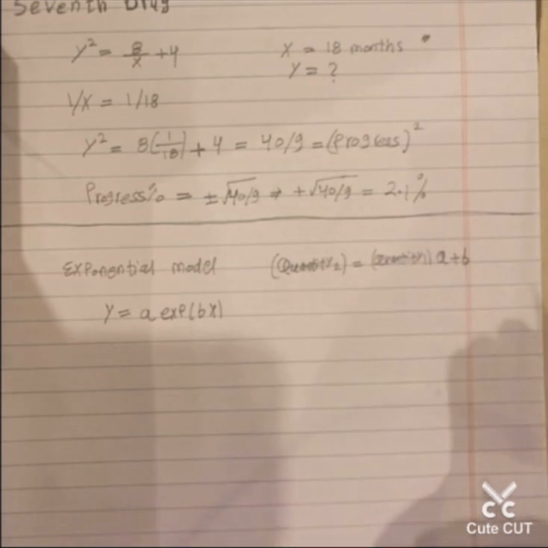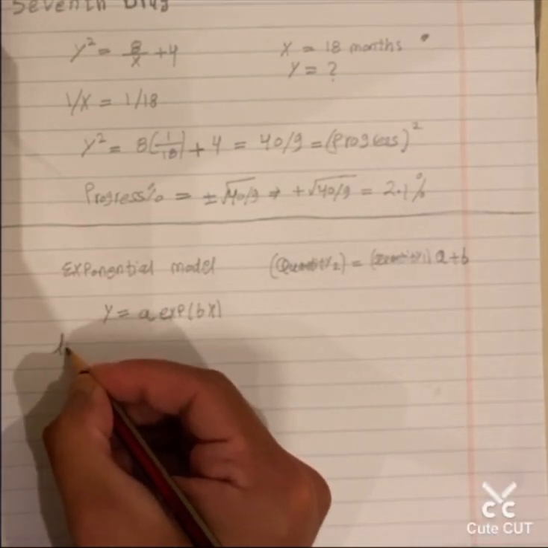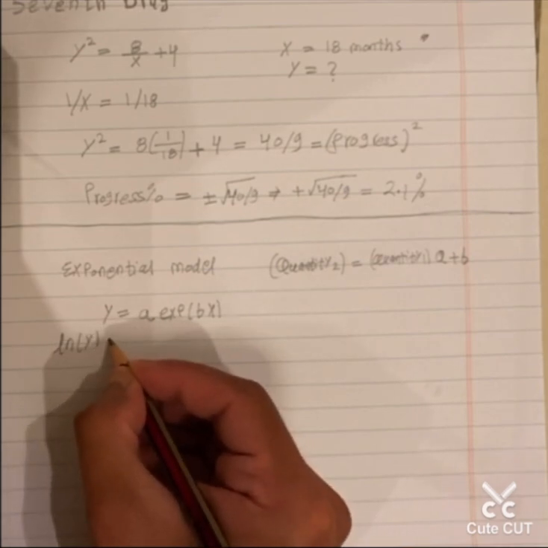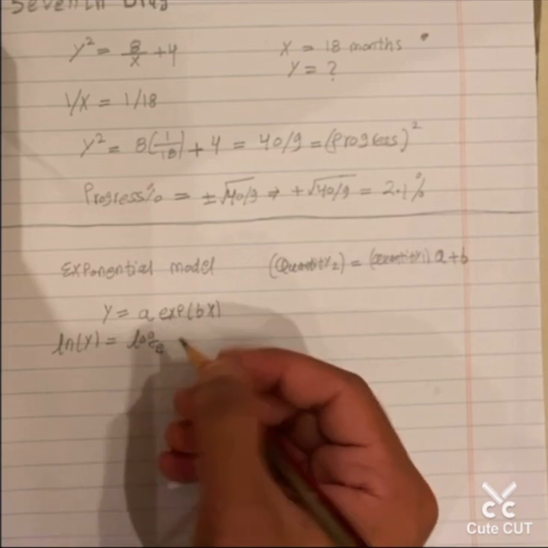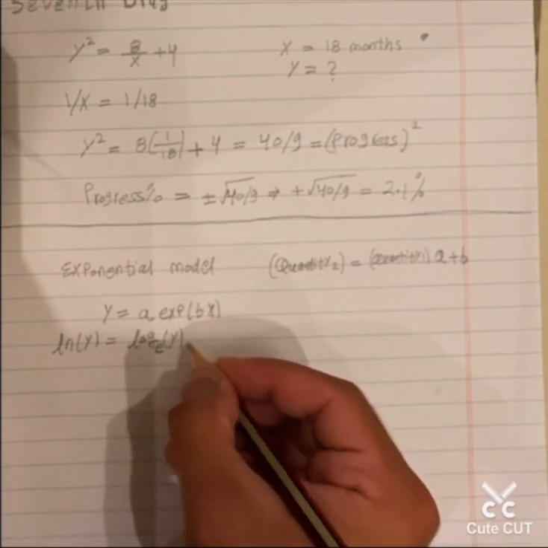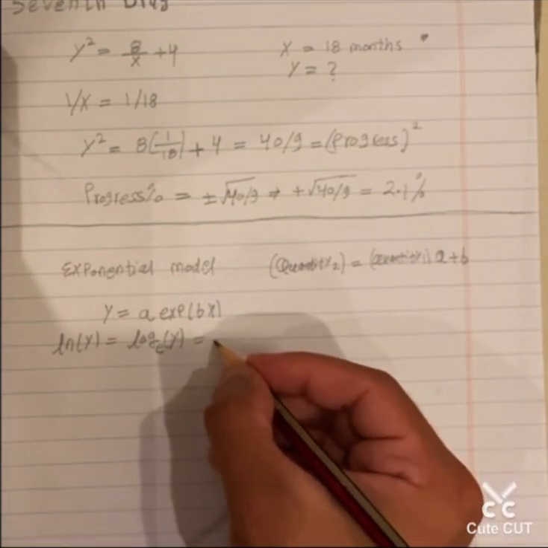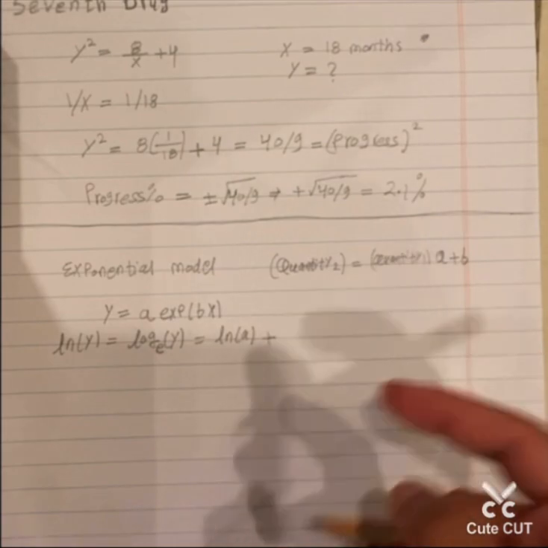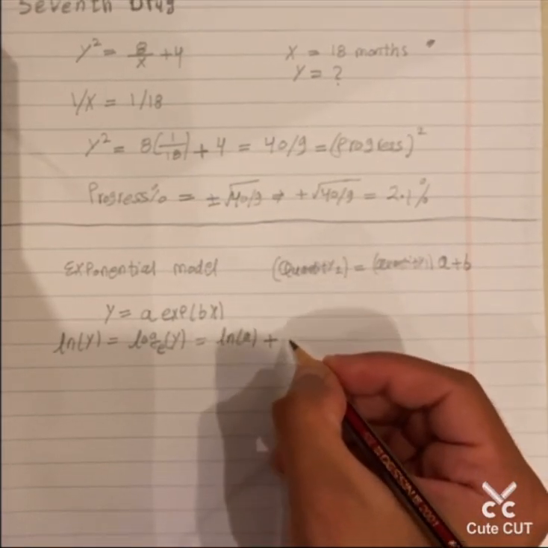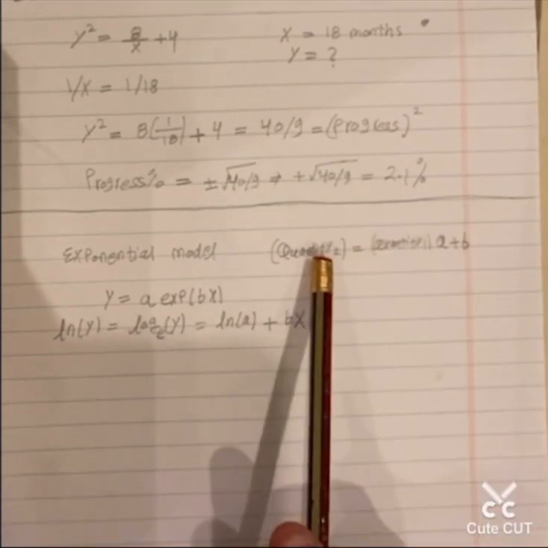So we will say what? We will take the natural logarithm. If you know the natural logarithm, ln y is the same as logarithm with base e of y. If you take the log on both sides, you will have ln y equal to ln a plus, and then ln with the exponent will cancel, so we will have bx. So we made it in this form.